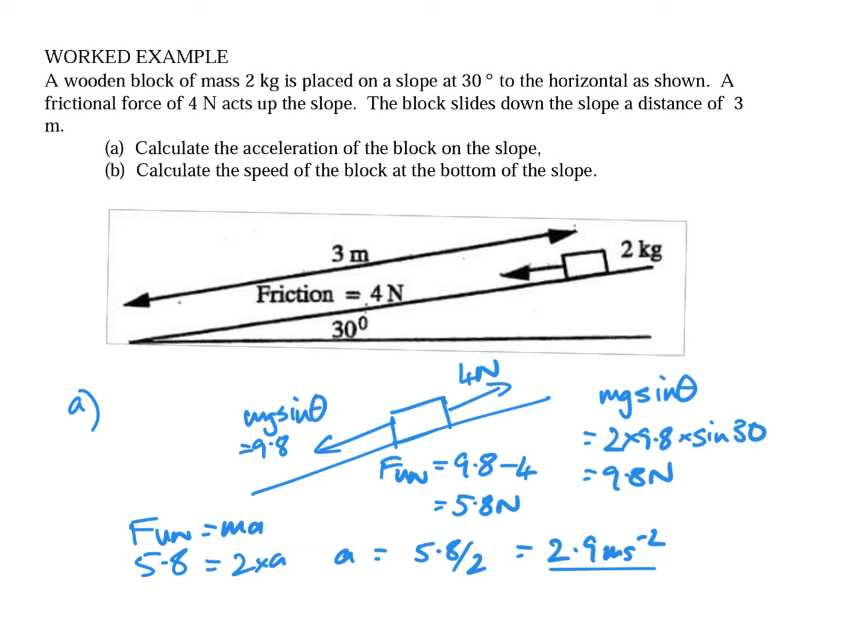And then for part B, calculate the speed of the block at the bottom of the slope. I'm just checking that I made it clear, but it should have made it clear that the block started from rest. Part B, it's going to be a u-v-a-s-t problem.